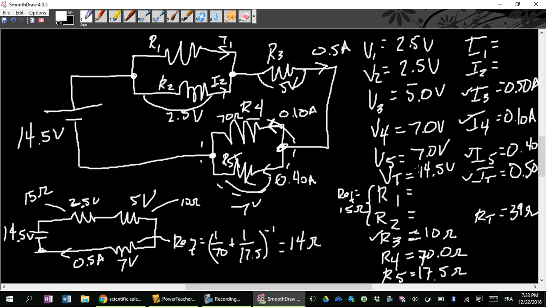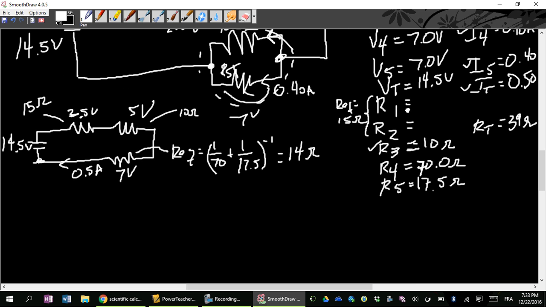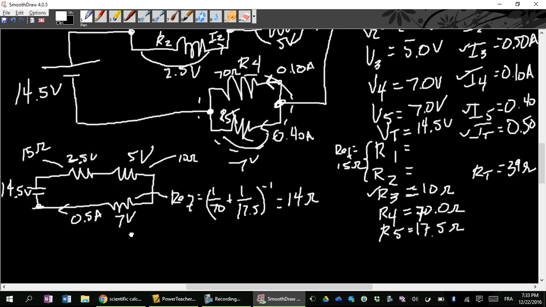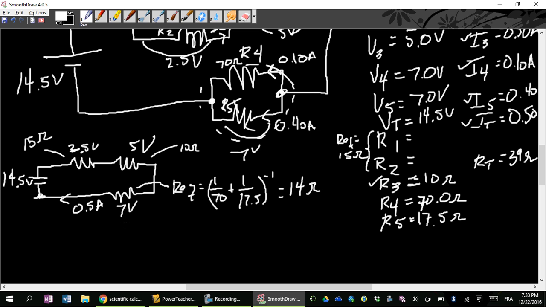So what you can do, I'll have to go down. What you can do is create an imaginary R1 and R2 that would work, that would give in parallel 15. Don't do that often.